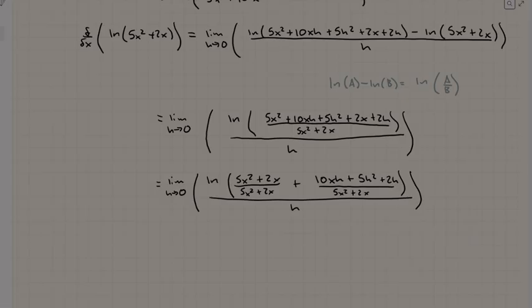Okay, so that's how that one simplifies. This one is just 1. So now we're taking the limit as h goes to 0 of the ln of 1 plus 10xh plus 5h squared plus 2h over 5x squared plus 2x.